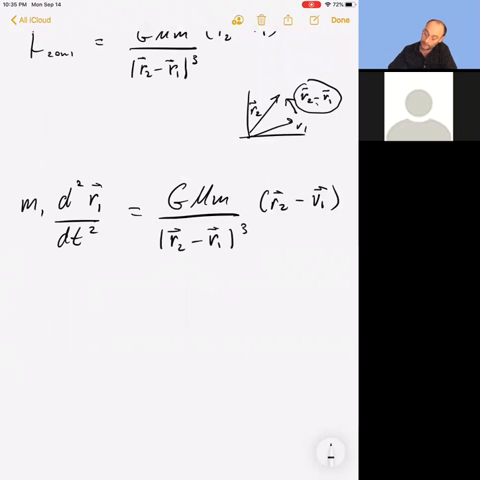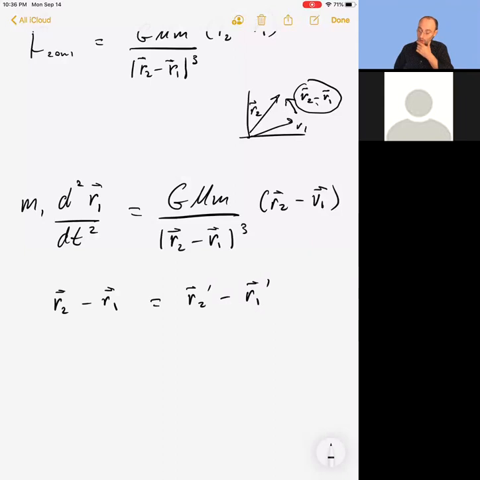Long story short, R2 minus R1, when you switch to a moving reference frame, will turn out to be R2 prime minus R1 prime. So for example, if R2 minus R1 is 10 meters in the southeast direction, then R2 prime minus R1 prime would also be 10 meters in the southeast direction, okay?